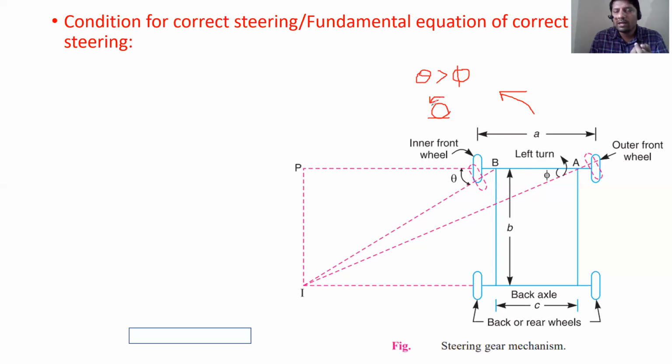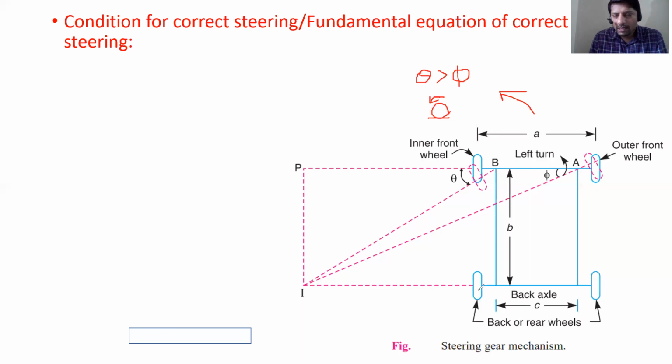Are you getting what I am trying to say? When you turn a vehicle, the motion of the wheels should be a rolling motion, not a slipping one. If tires slip, there will definitely be more wear and tear, which will reduce the life of the tires and wheels. So the condition is that all four wheels should have the same ICR.